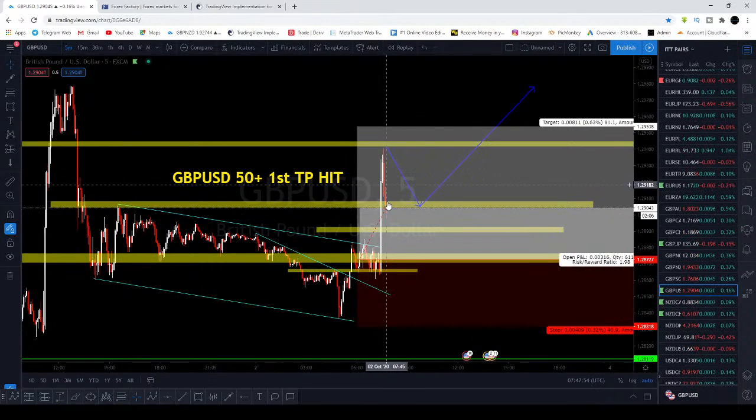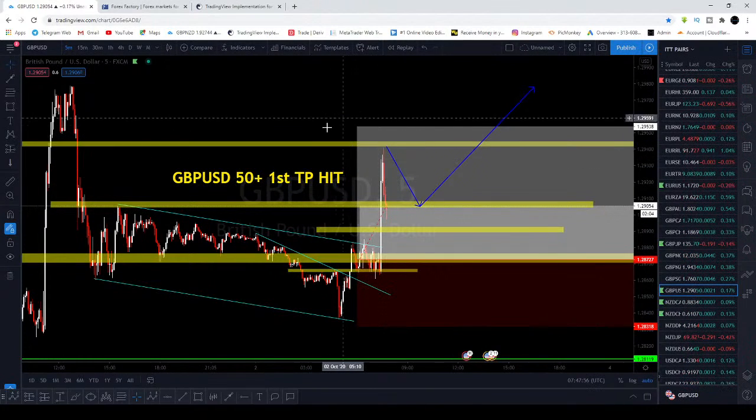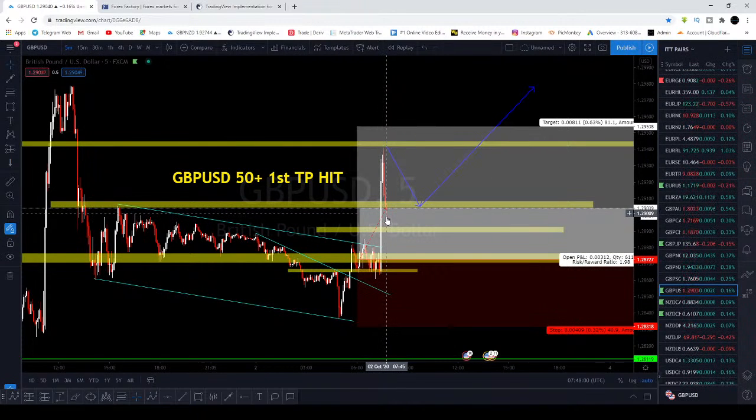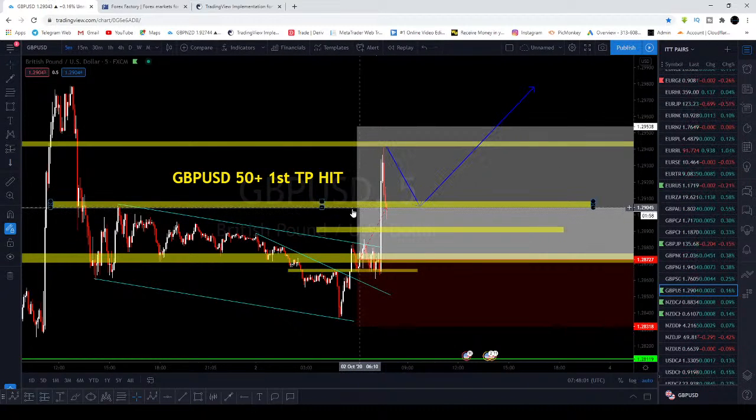I would still expect another retracement to happen. This might be just the banks trying to move the market and get some people out of their position, right? All these big banks, JP Morgan, you can just continue naming them.